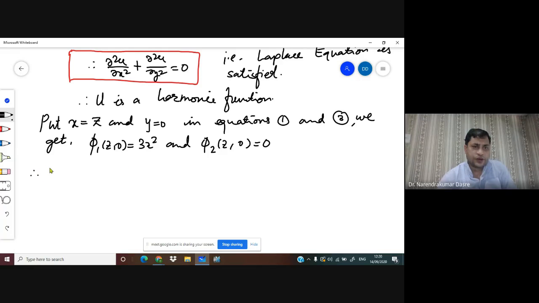And hence we come to the fourth and final step of the Milne-Thompson method.